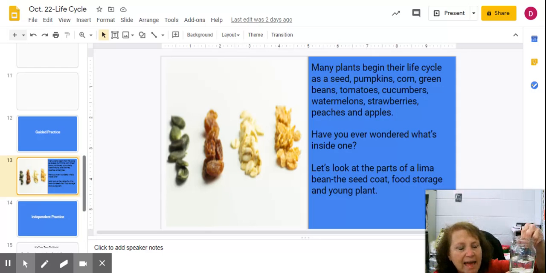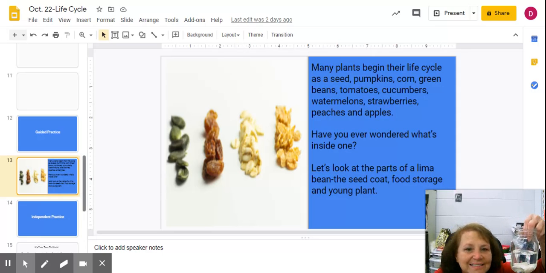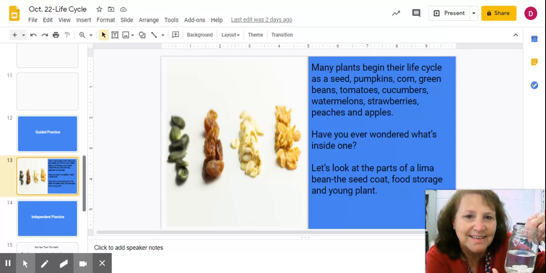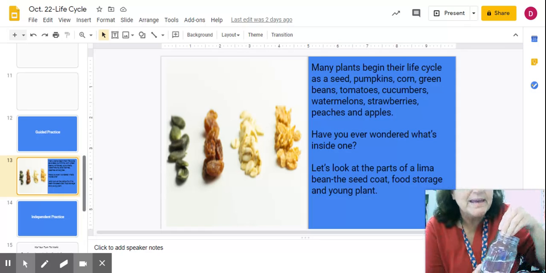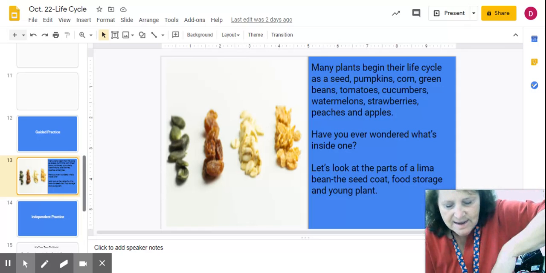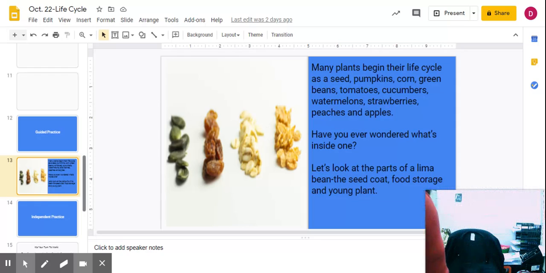Well, I have soaked some lima beans, and we're going to look at this together and see if we can pick out the parts of a seed. Let me get one out. Oh, I got it.